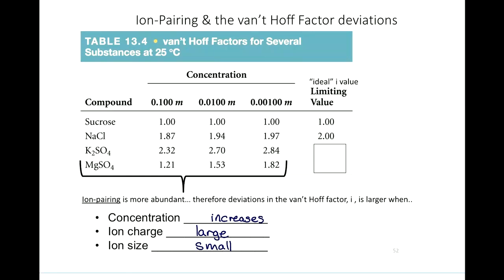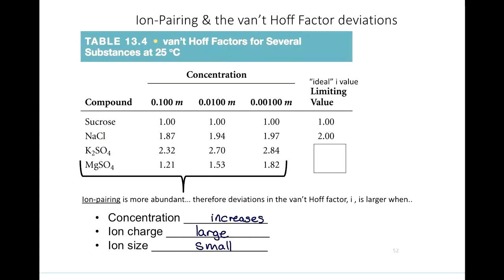More ion pairing. So think about it. How often will ions pair when the concentration is high versus the concentration is low? Where will ion pairing be more abundant? When the particles are close together or far apart? Close together. So concentration makes ion pairing more abundant. So therefore, you will get more deviations in the Van 't Hoff factor.